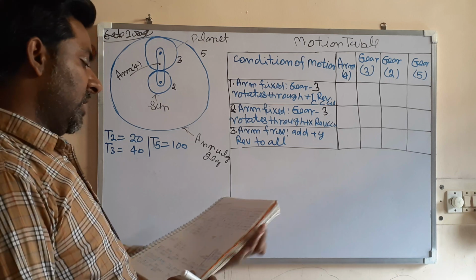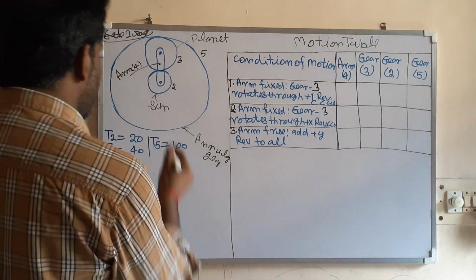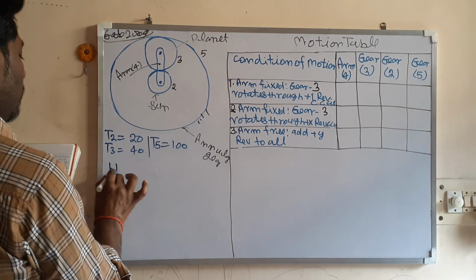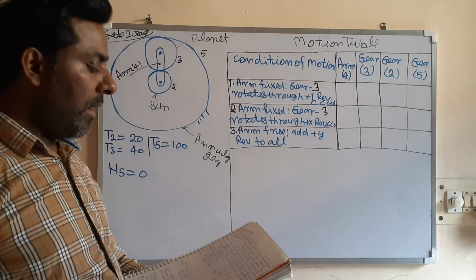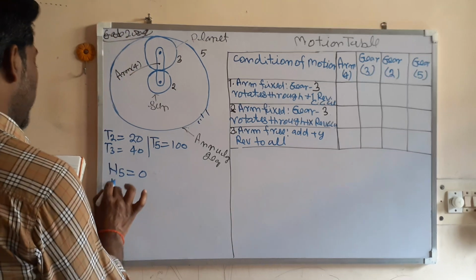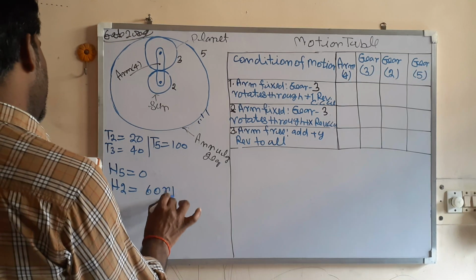Now let us see what condition of motion is given. The ring gear 5 is fixed, so N5 is equal to 0. And gear 2 is rotating at 60 rpm counterclockwise, so N2 is equal to 60 rpm.